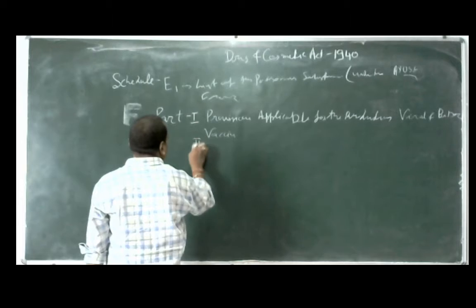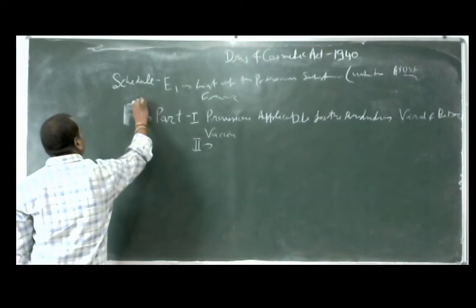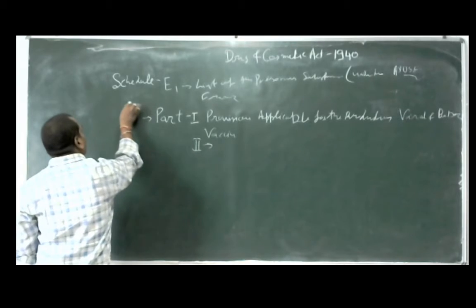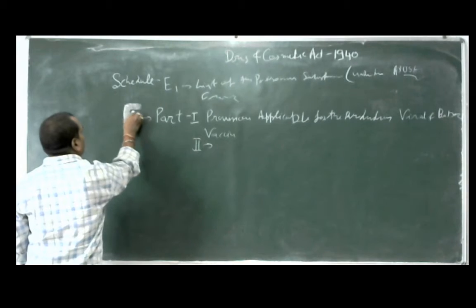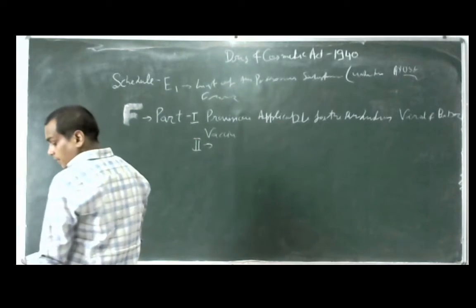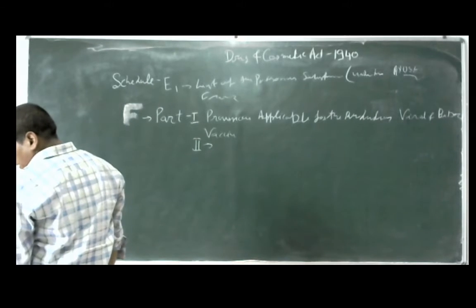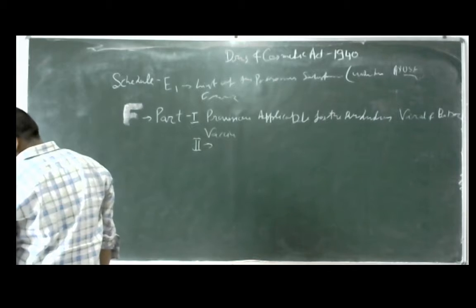Part 2 covers provisions applicable to the production of all sera from living animals.